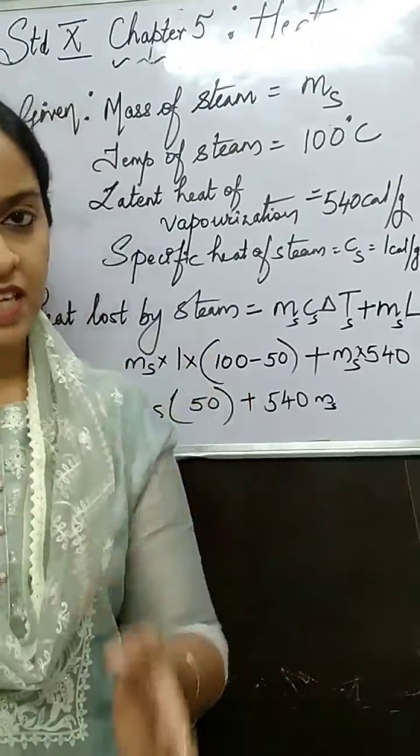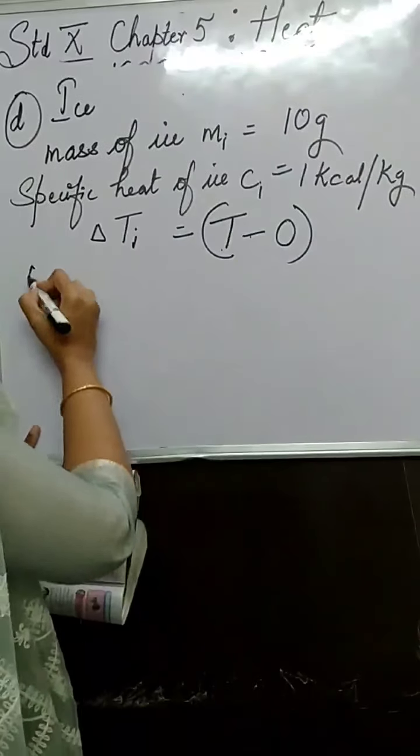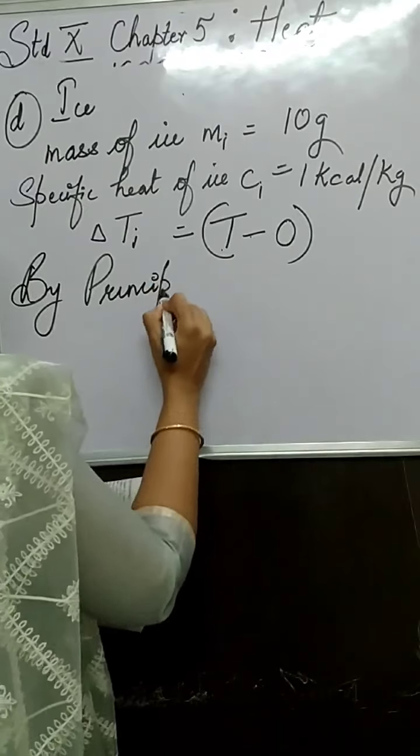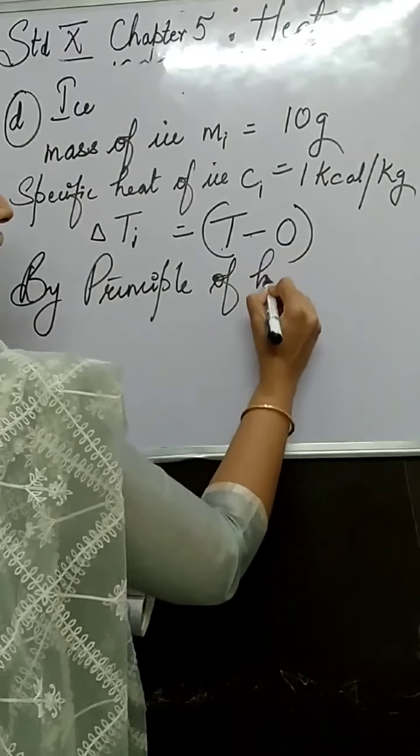When it mixes with the liquid, the temperature is going to increase from 0. Increased temperature we don't know, T minus the initial temperature 0. So delta Ti of ice is T minus 0. I hope you are understanding. Now we will apply the principle of heat exchange.